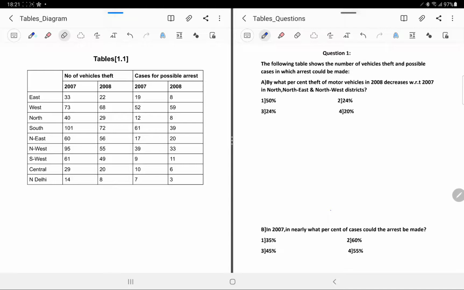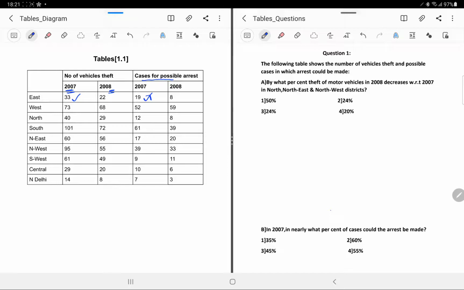This is the number of vehicles that were actually stolen, taken away by robbers, from different regions in the year 2007. This is in the year 2008, and what is given over here is cases for possible arrest. So out of 33, 19 possible cases were such that the arrest could be made. This is the information given.